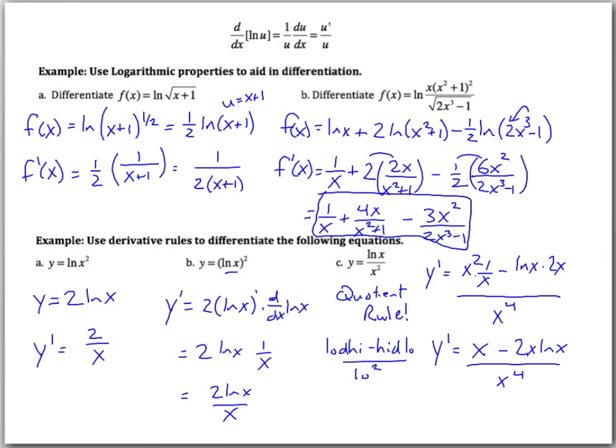And now you can see we have a common factor there. So if we simplify this, we're going to get 1 minus 2 ln of x over x cubed. Okay, so we can take the x out of all of those, and this is our final answer for the simplified derivative.